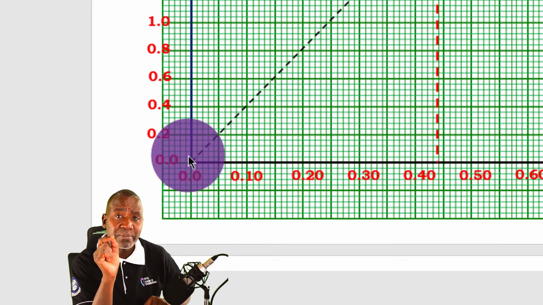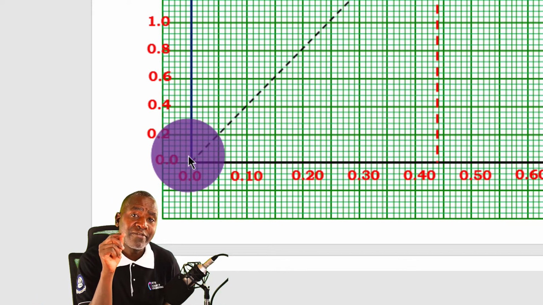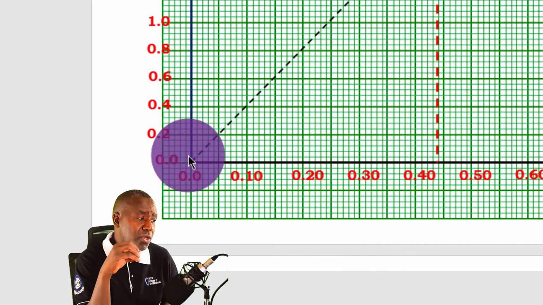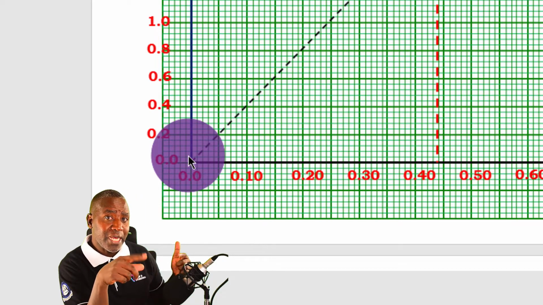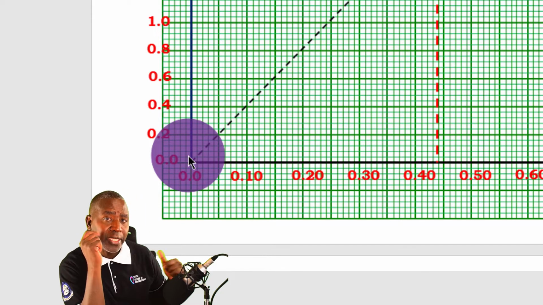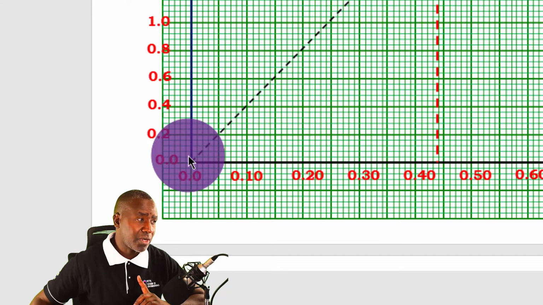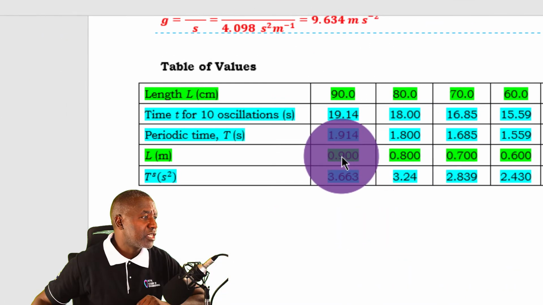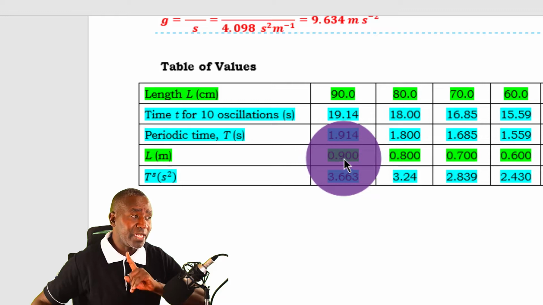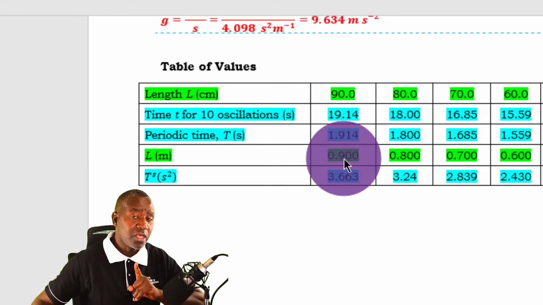Remember, this one is very important: to obtain the value of one small division on each scale, because it will allow you, once you've gone back to the table, to round up the values in your head. What does it mean to round up values in your head? Let's look at this first value here. This is 0.9. We are able to plot that exactly on the y-axis.